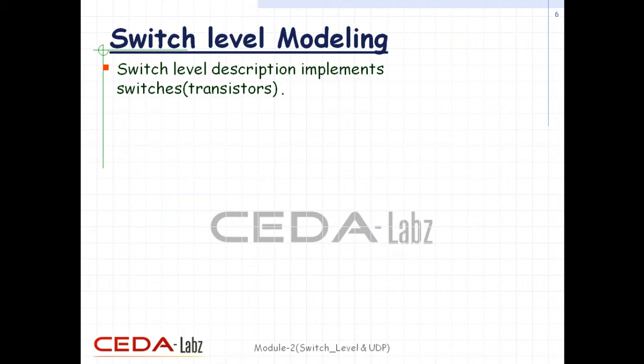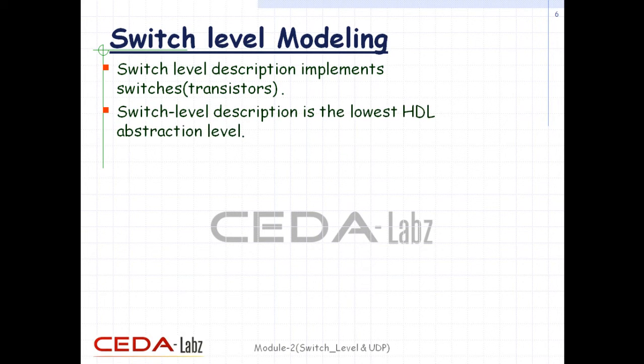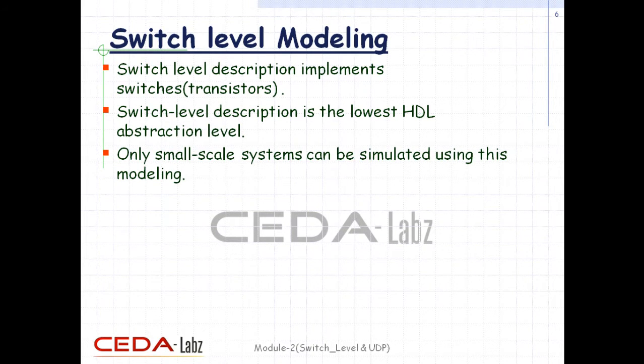Switch level description is usually implemented in very large-scale integrated VLSI circuit layouts. It is the lowest HDL logic level that can be used to simulate digital systems. Only small-scale systems can be simulated using pure switch level description. If the system is not small, a huge number of switches are needed that may render the simulation impractical.